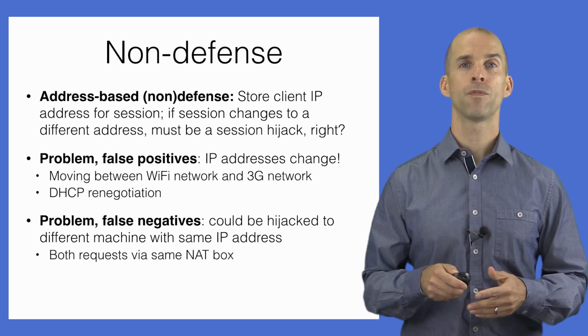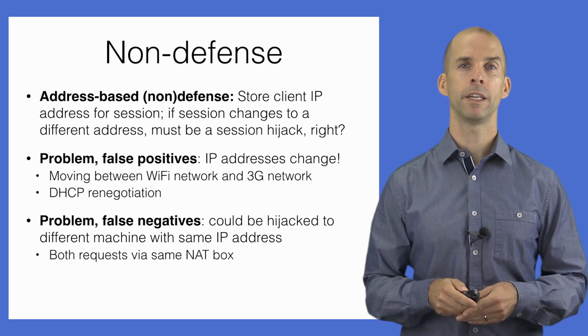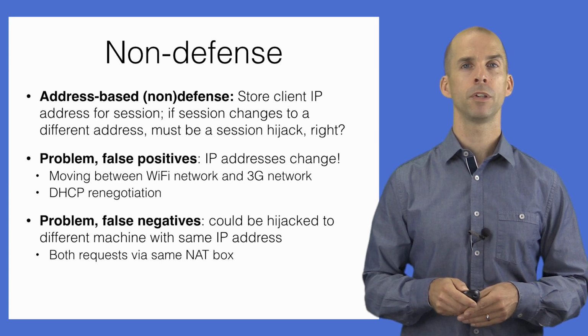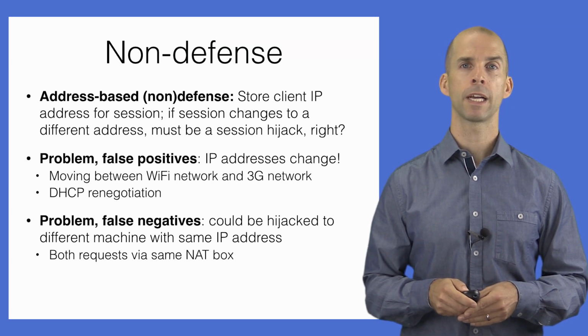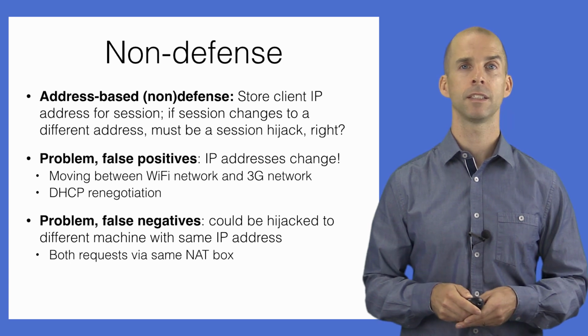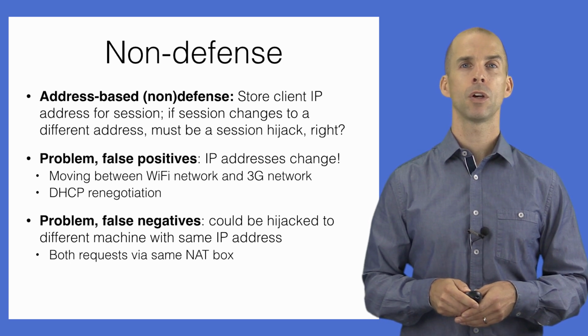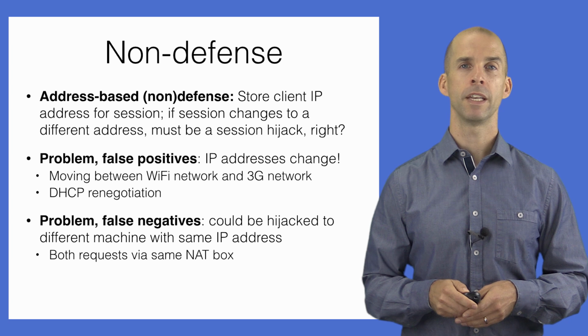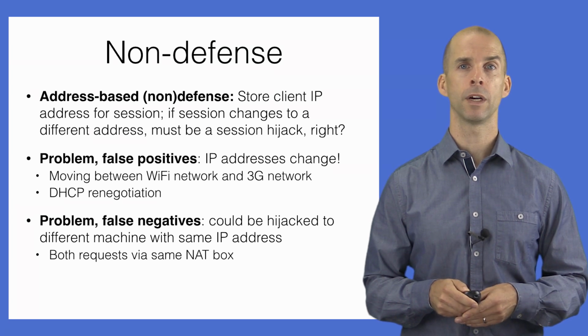In addition to these false positives, relying only on network addresses will miss some attacks too. One example is when a user's machine is behind a network address translator or NAT device. In such cases, hosts beyond the NAT box will view all clients behind the NAT box as having the same address. The NAT box internally translates this address into different local addresses.